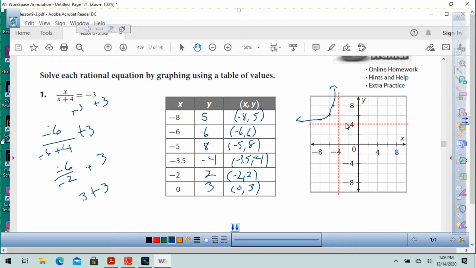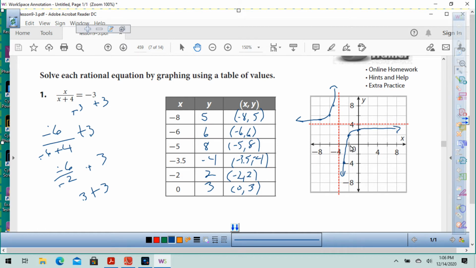Negative 3.5, negative 4 is going to be right there. Then negative 2 is right there, and 0, 3 is right there. And it looks sort of like that.